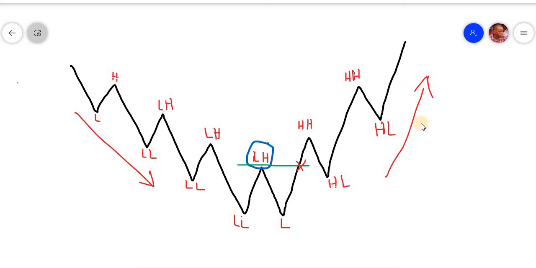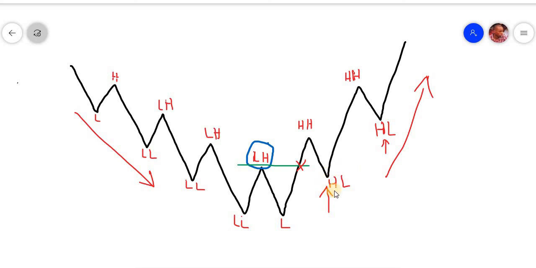Some persons may want to buy here, because they have confirmed that this downtrend is now what? An uptrend. But some persons who are very conservative will want to wait until a new higher high is formed. They'll wait for the pullback before they place their buy trade.